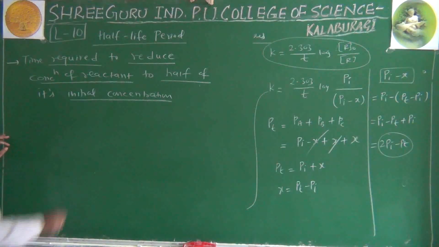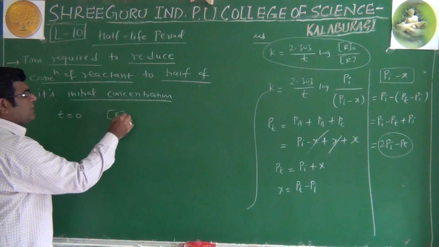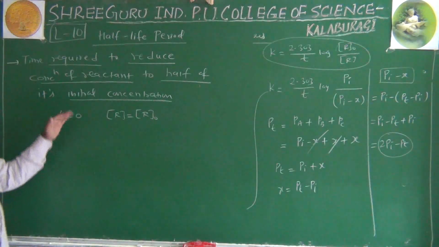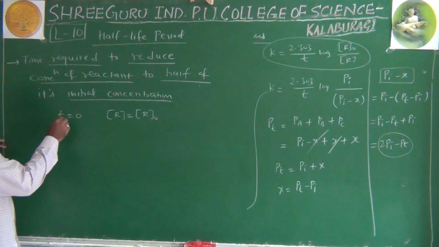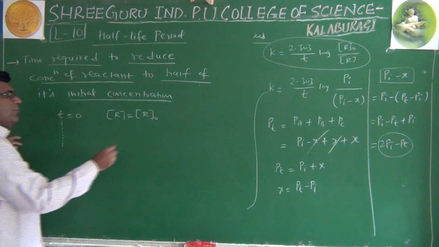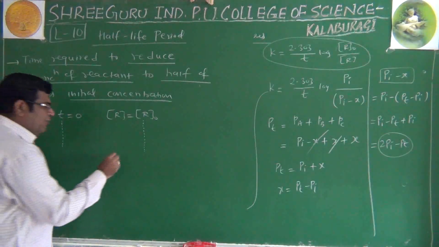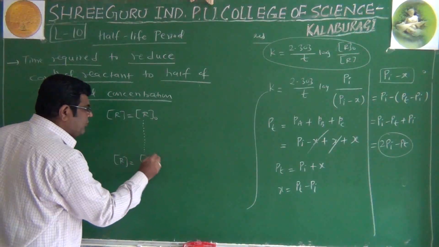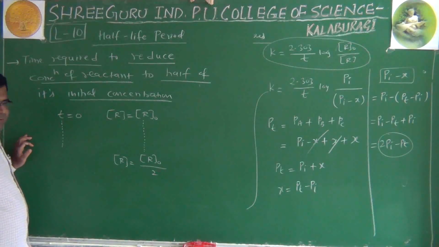For example, at t equals 0, we call this molar concentration R0. We have used this in all the derivations. As time passes, the molar concentration of the reactant goes on decreasing. At one point, the molar concentration of the reactant equals the initial molar concentration divided by 2. This is bound to happen.